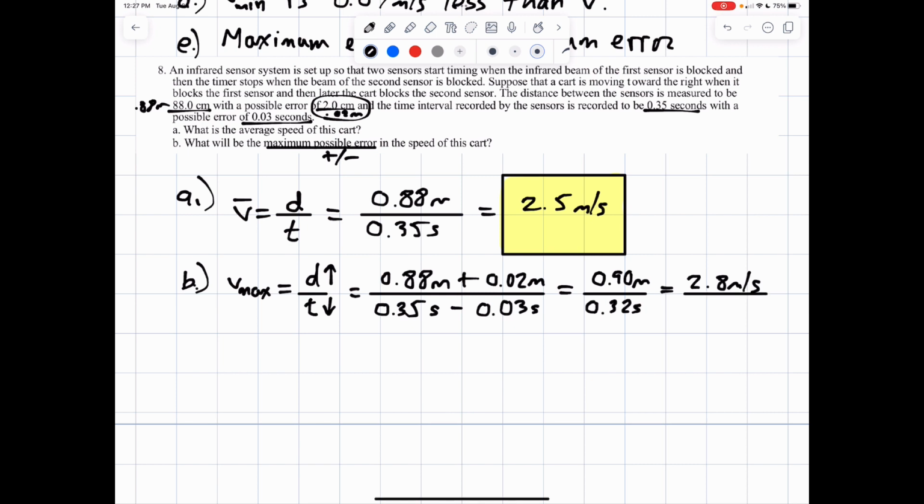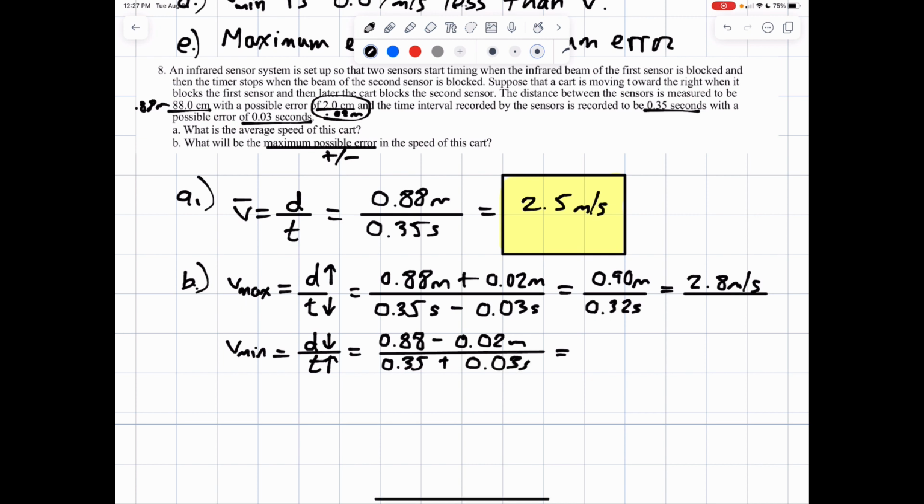Okay, and then same thing, let's find V min. Same idea. We want the lowest possible distance and the largest possible time. So the lowest possible distance would be 0.88 minus the 0.02 meters, and the time would be 0.35 plus the 0.03 seconds.